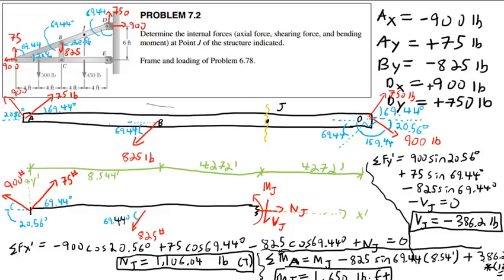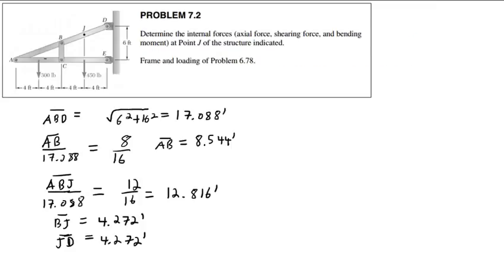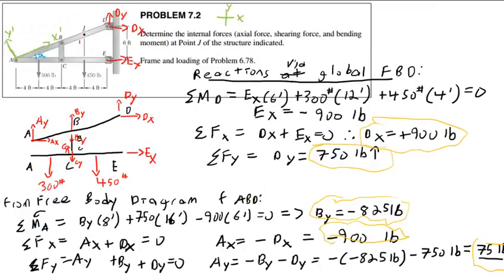Alternately, I could have gone back here, cut at this point and drawn my NJ, VJ, and MJ, and then transformed those forces into the global coordinate system. Either one would work. You either have to convert one to the other or the other to the one, whichever you prefer.